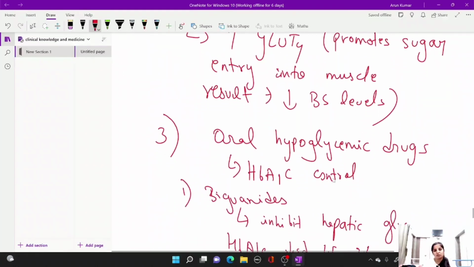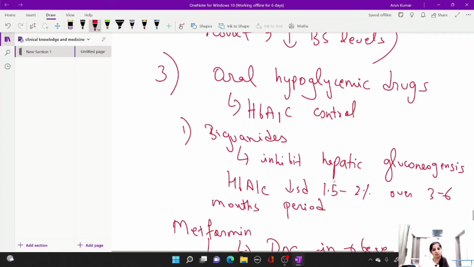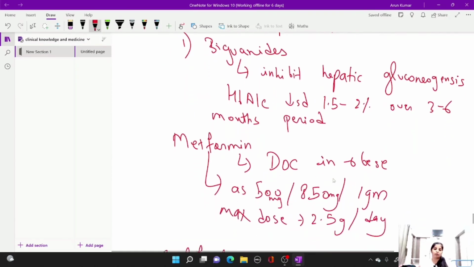Then if we talk about medicines, these are oral hypoglycemic drugs, which will control hemoglobin A1C. Biguanides will inhibit hepatic gluconeogenesis, and the HbA1c level will be decreased by 1.5 to 2% over a 3 to 6 month period.